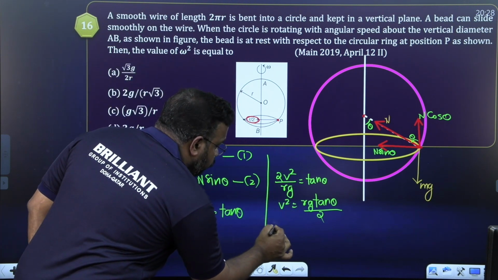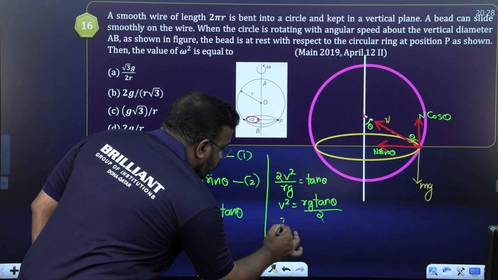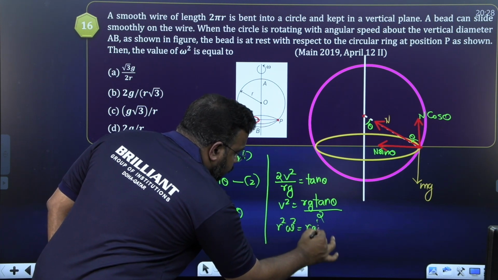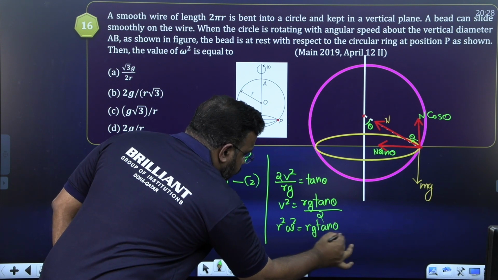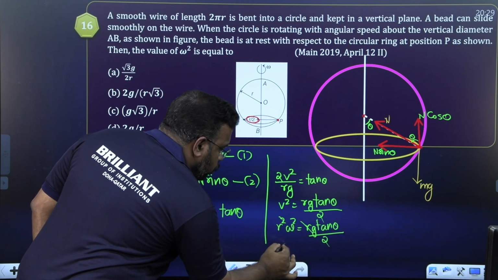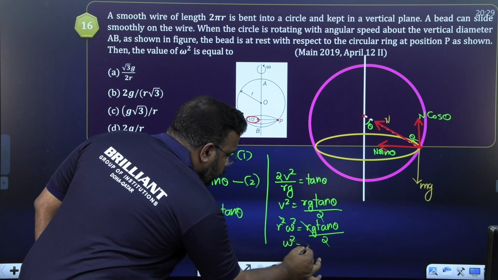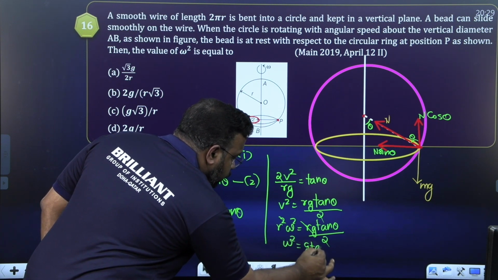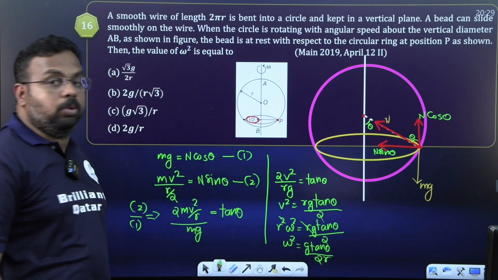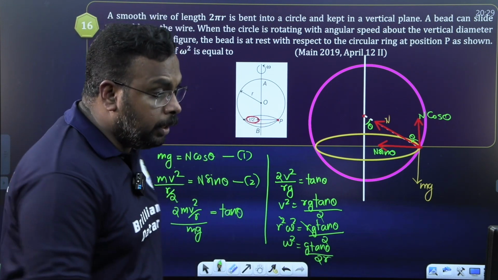So v is equal to r omega. Squaring, we get r square omega square is equal to rg tan theta by 2. Now one r will be cancelled. So we get omega square is equal to g tan theta by 2r. Omega square is equal to g tan theta divided by 2r.